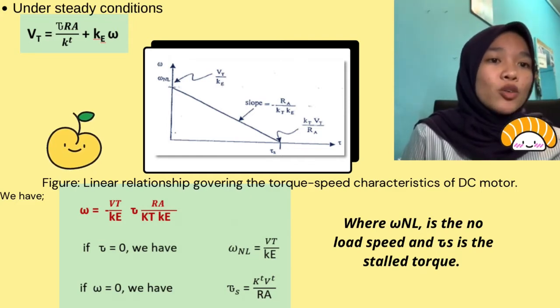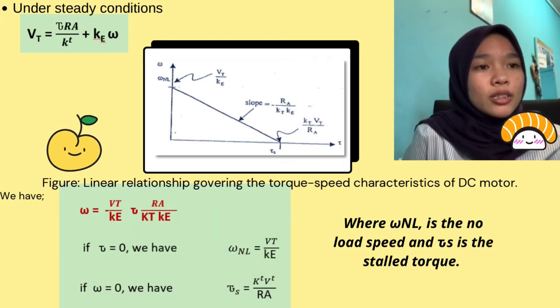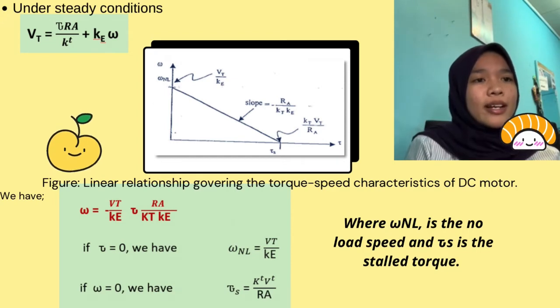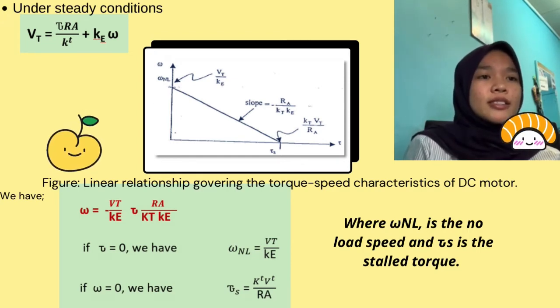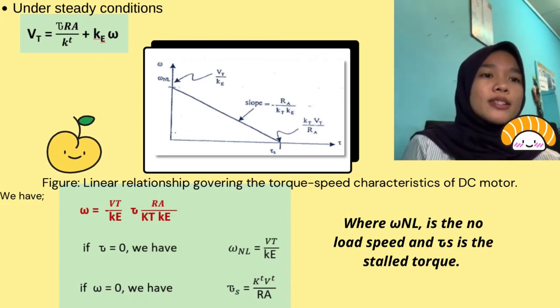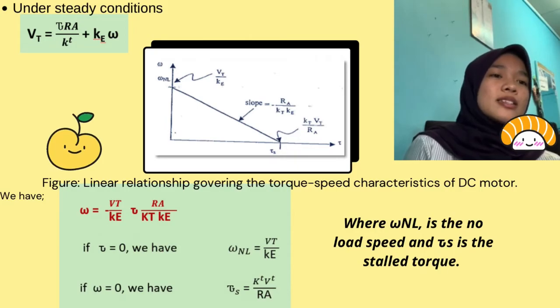If speed equal to 0, we have stall torque equal to torque constant multiplied by Vt divided by armature resistance Ra, where speed no load is the no load speed and torque stall is the stall torque.